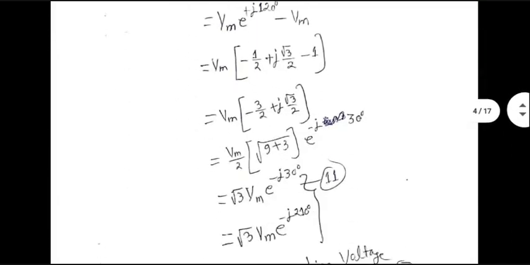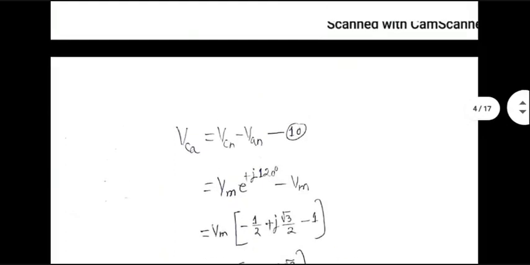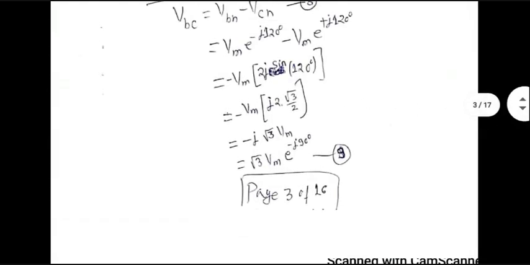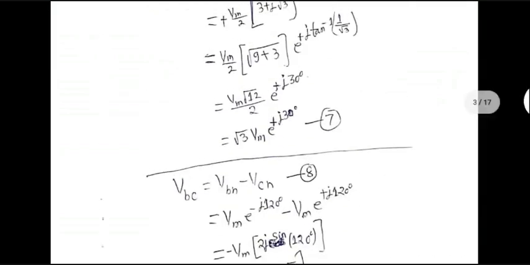And then VCA again has the same peak value, but the phase shift now is minus 210 degrees. So another 120 degree phase shift compared to VBC. So there is a progressive phase shift in the line voltages also, and the sequence is the same. It is positive for them also, but everything is shifted by 30 degrees when it comes to line voltages.